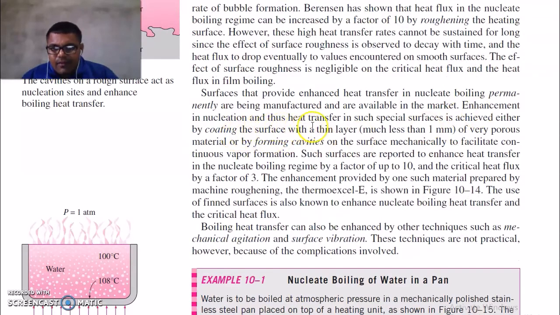Enhancement in nucleation, and thus heat transfer, in special surfaces is achieved by coating the surface with a thin layer, less than 1 mm, of very porous material, or by forming cavities on the surface mechanically to facilitate continuous vapor formation. Such surfaces are reported to enhance heat transfer by up to a factor of 10 and critical heat flux by up to a factor of 3.